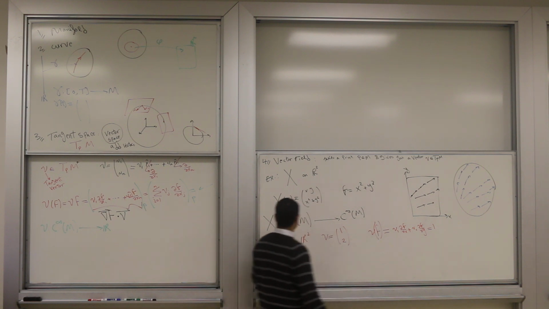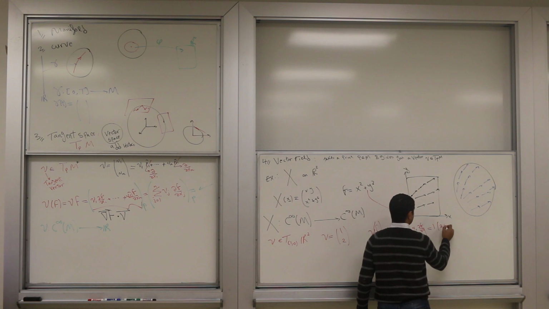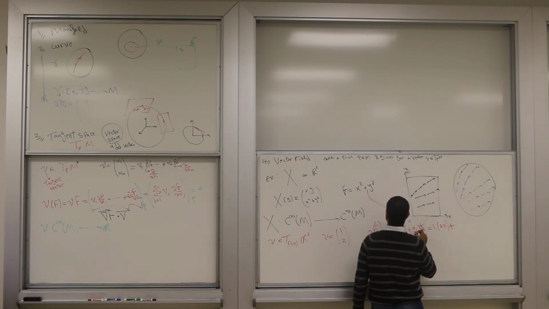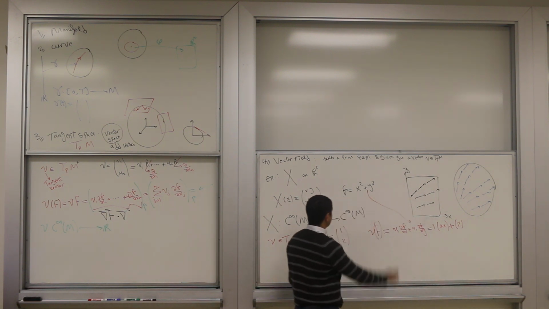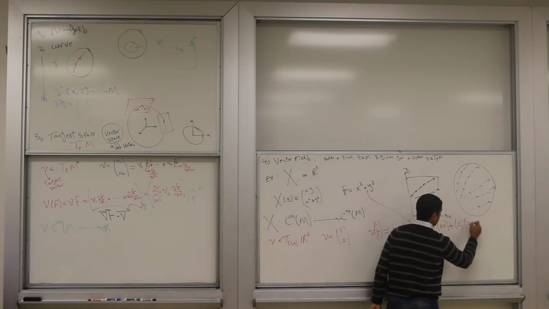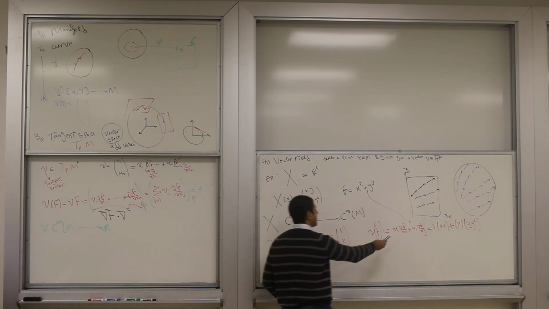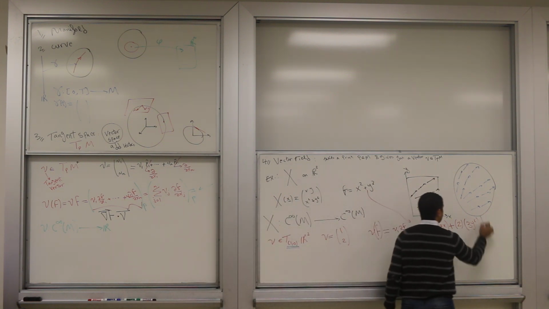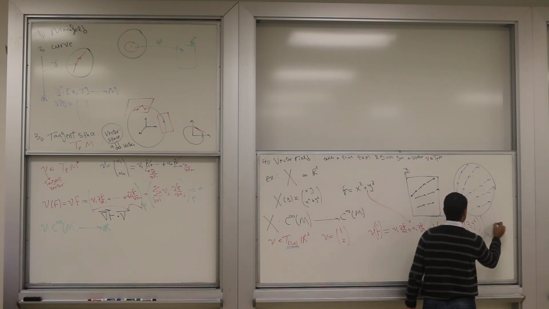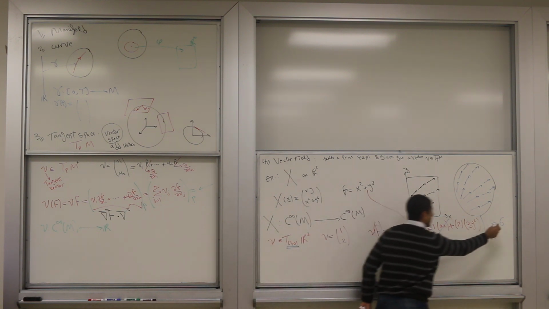Partial f partial x, just go and differentiate it. Here's my function. So it's 2x, plus V2 is 2 times partial f partial y, which is 3y squared, correct? And I cannot stop here. Why? Because this V is defined only at a point. Here is the point, so I have to substitute at the point. All this is at x equals 1 and y equals 0. This gives you 2. So the tangent vector takes a function and gives you a real number. Okay?